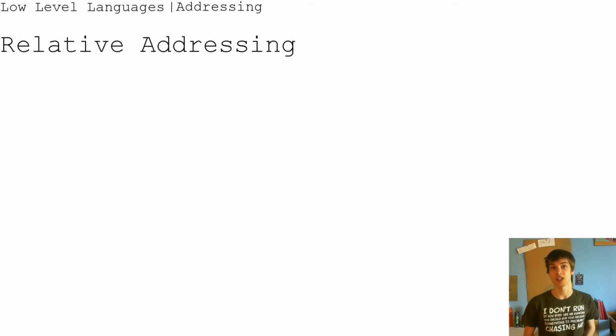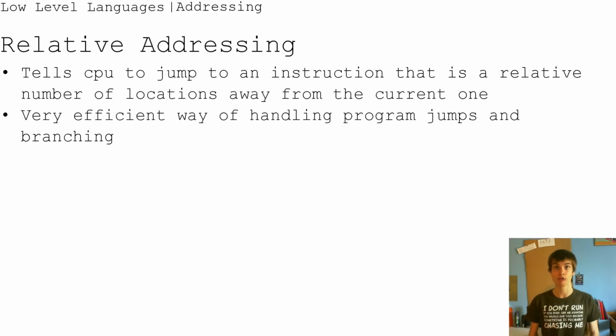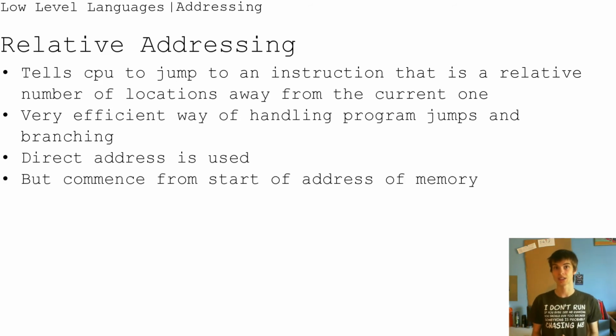Now, relative addressing. It tells the CPU to jump, so the jump instruction is a relative number of locations away from the current one. It is a very effective way of handling program jumps and branching. Direct addressing is used, which I'll get to a bit later. It commences from the start address of memory.